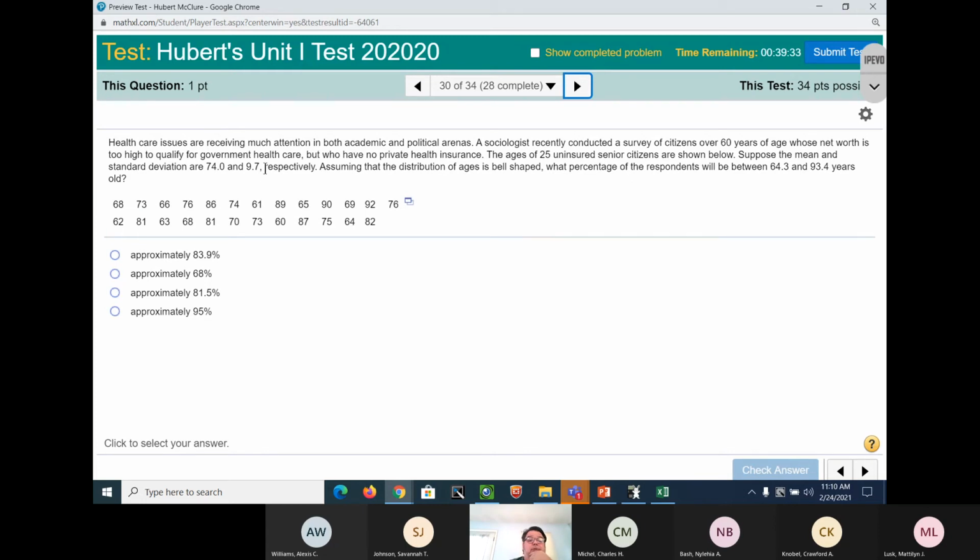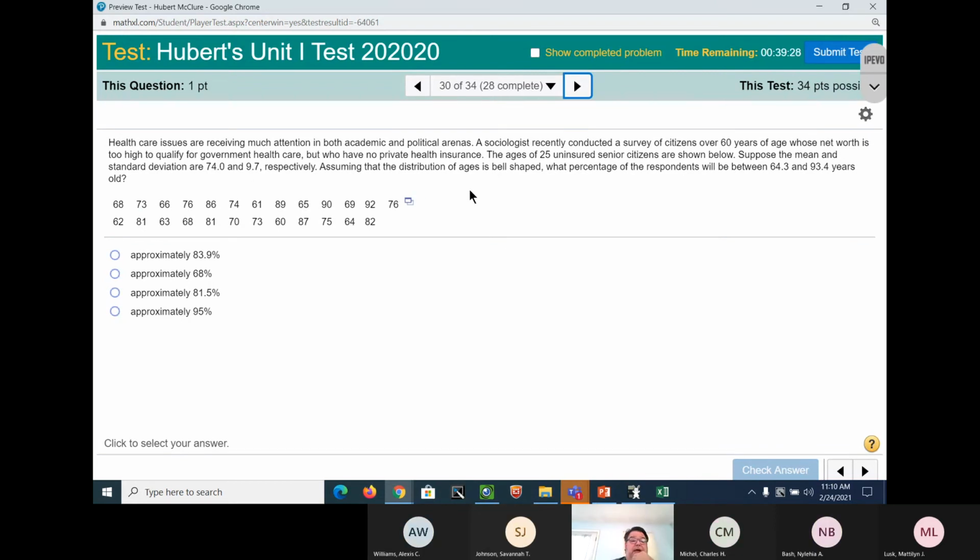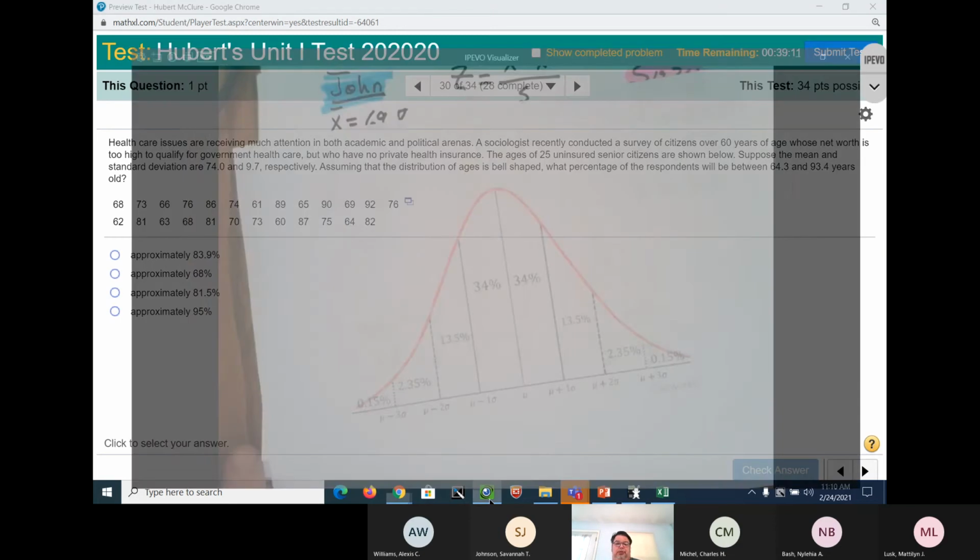No, it's not. This is z-scores, I think. Because why would they put these here unless they wanted a z-score? I think this is z-score. It may be empirical rule. Hold on a minute. 74, 97. So I'm going to do it by empirical rule and see what they're asking.